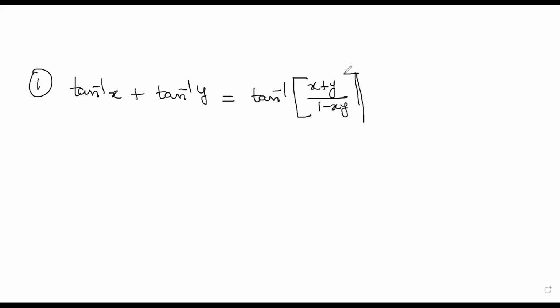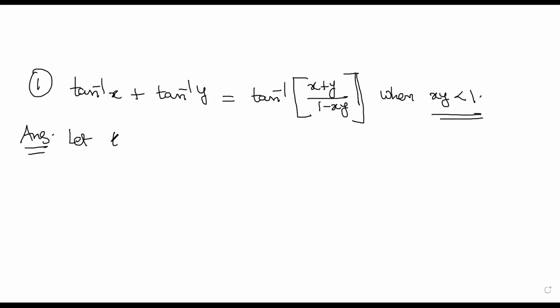We have to use this when the product xy is less than 1. In that condition only you have to use this. They have not given that, but anyway we'll do that. To solve this is very easy.